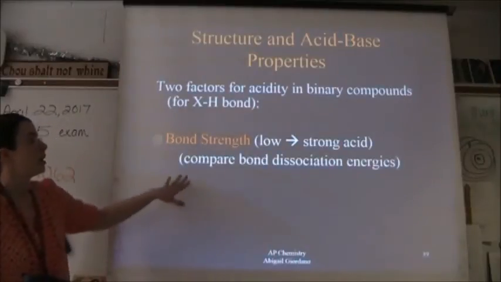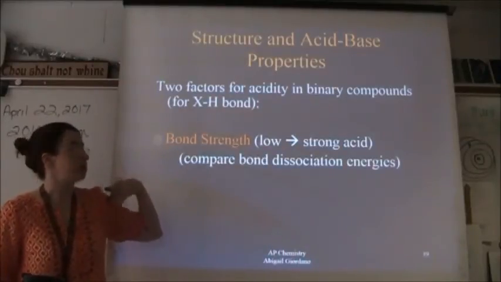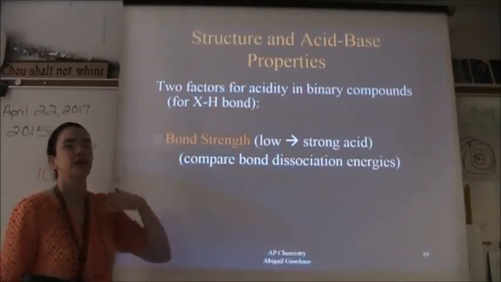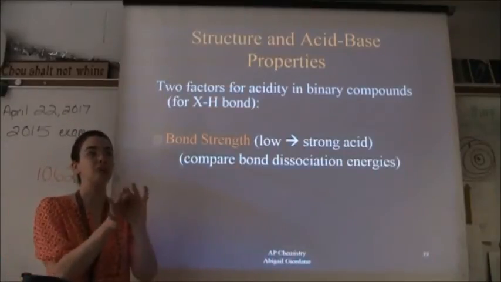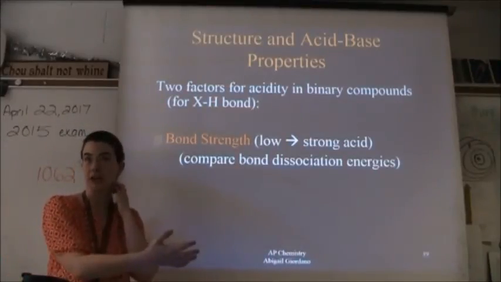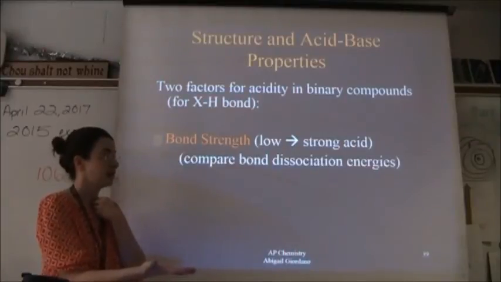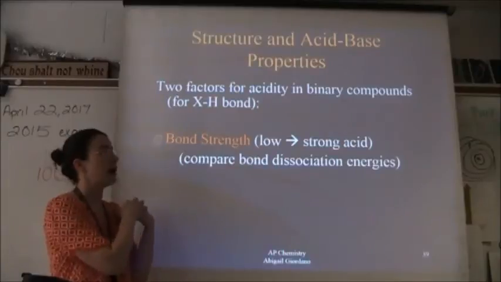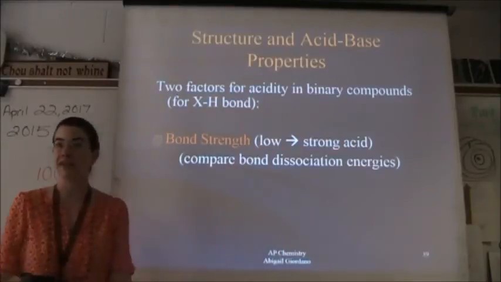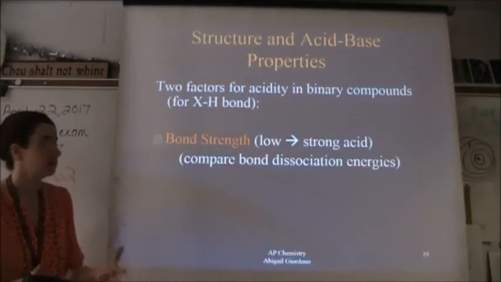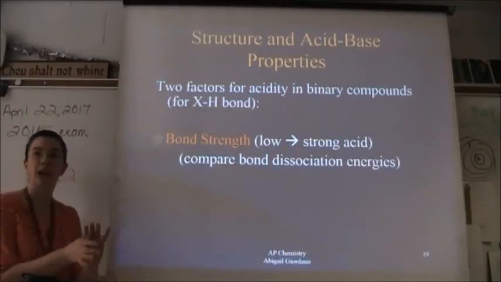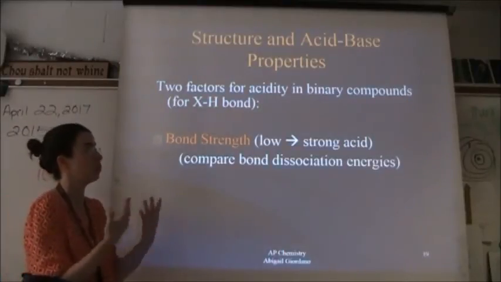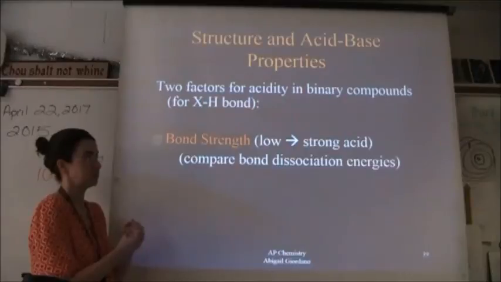If I actually gave you some numbers, you would see that, for example, the bond energy of HCl, a strong acid, is lower than the bond energy of HF, which is a weak acid. HF would have a high bond strength because that's a weak acid.